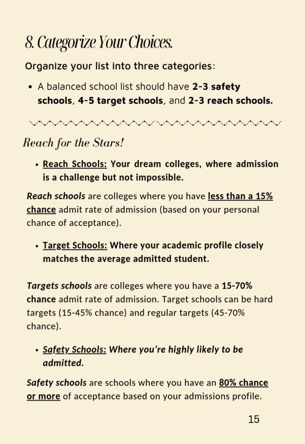2 to 3 safety schools, 4 to 5 target schools, 2 to 3 reach schools. You don't necessarily have to apply to 20 colleges to increase your chance of acceptance. If your research is on point, if you're focused, right?